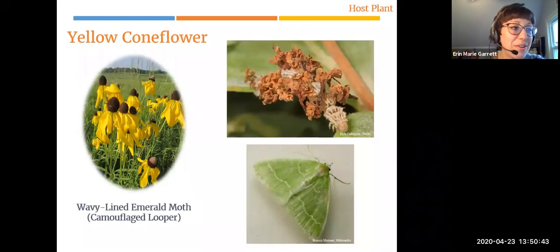Okay, yellow coneflower as a host plant. The wavy-lined emerald moth, also called the camouflaged looper, is going to be seen. And I love this caterpillar because he is able to pick up pieces of the plants that he is on and put them on his back to camouflage him as he's going around and eating, which I think is a very smart move for that caterpillar.